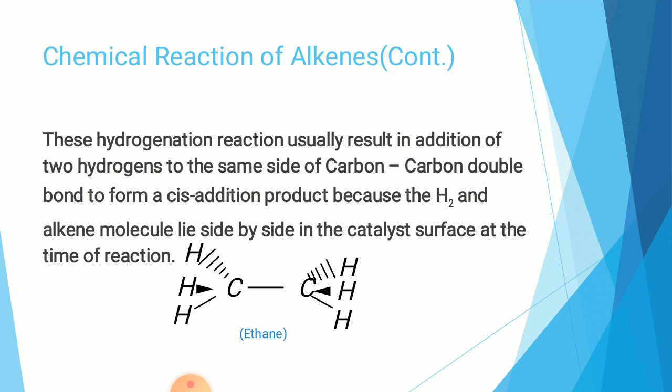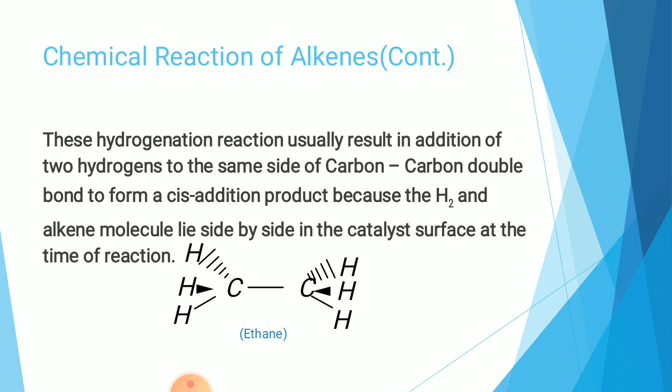So here you come to the next slide. This hydrogenation reaction usually results in addition of two hydrogens to the same side of the carbon-carbon double bond to form a cis addition product.